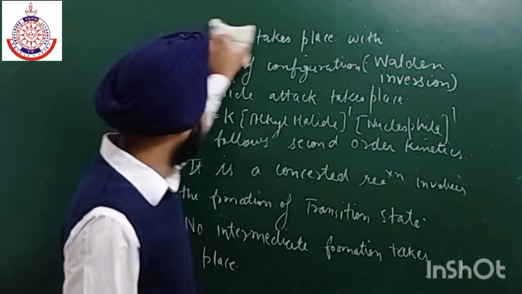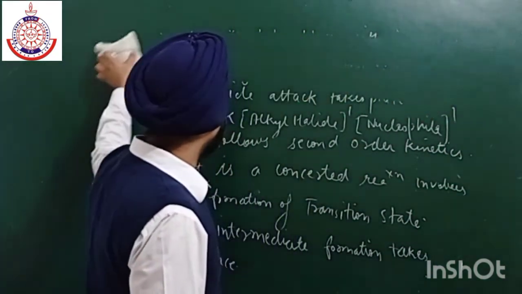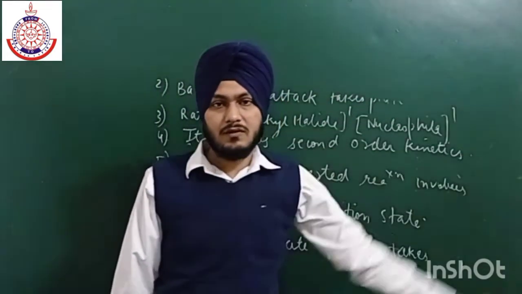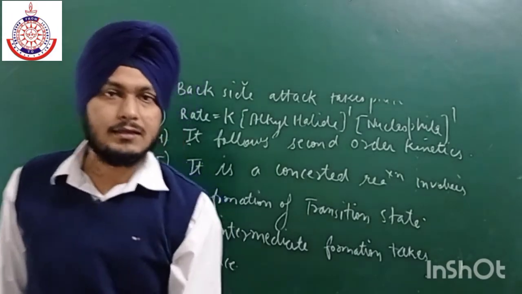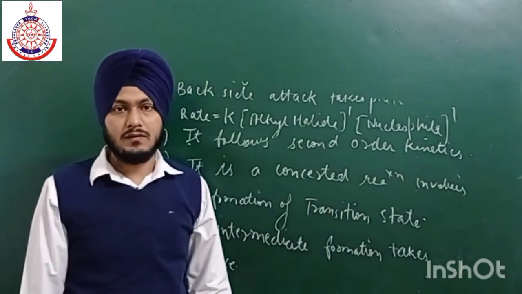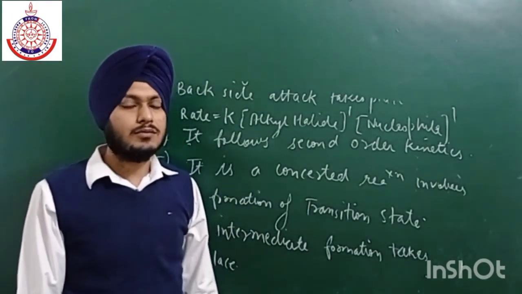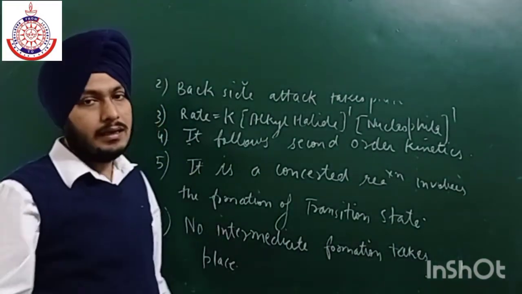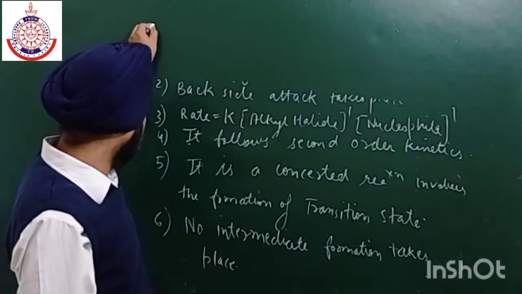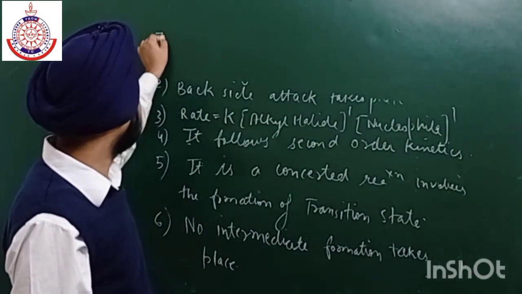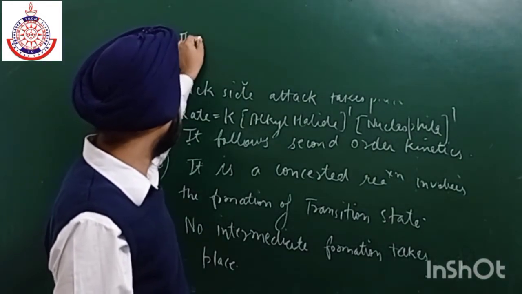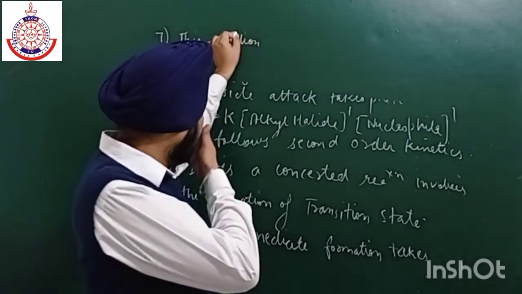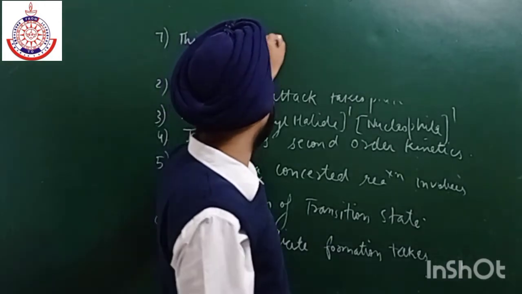This reaction is exothermic in nature. Okay, because the forward reaction is more favorable. The bond between the carbon and the nucleophile is more stable as compared to the bond between the carbon and the halide. That is why this reaction is exothermic in nature.